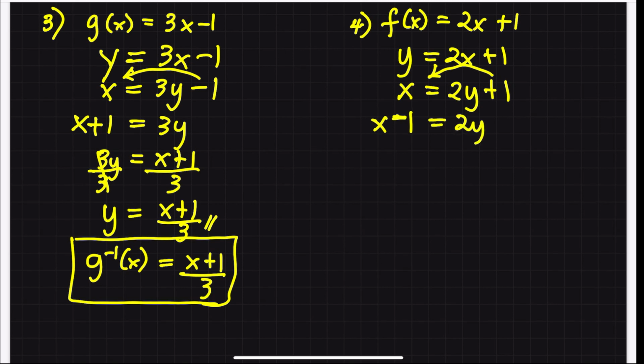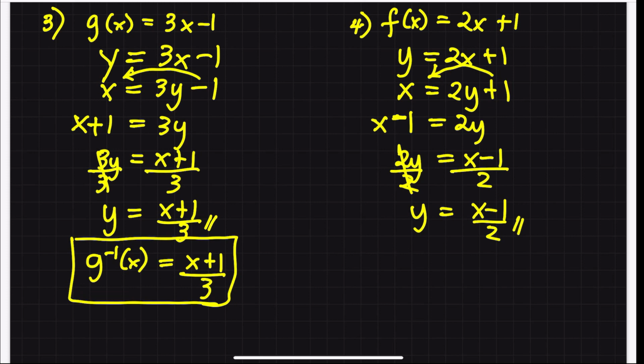2y. Okay? Then, use commutative property, magiging 2y is equal to x minus 1. Divide both sides by 2 para matanggal yung 2 dito sa left side. So, y is equal to x minus 1 over 2. So, yan yung magiging inverse ng f function natin.